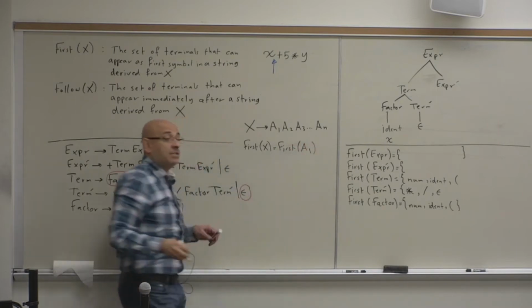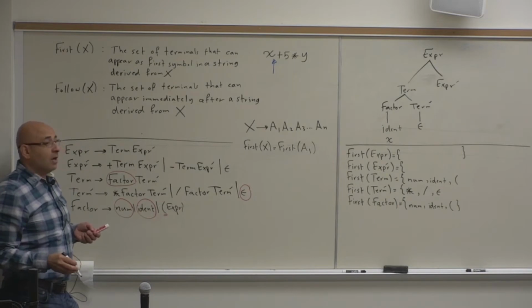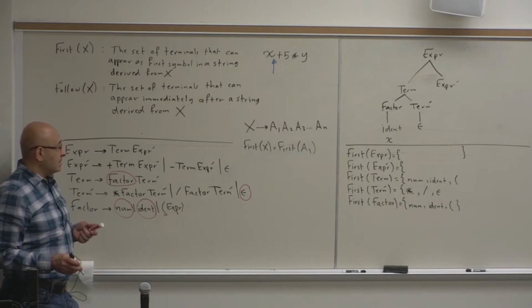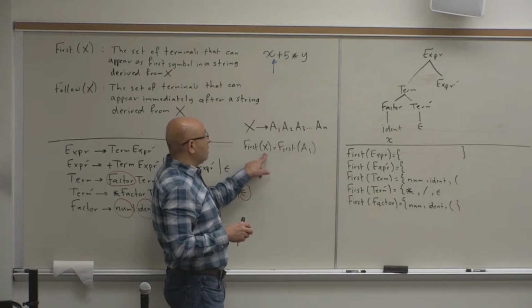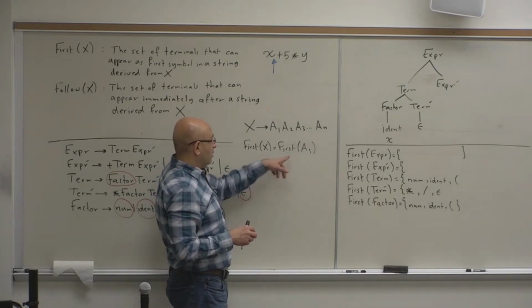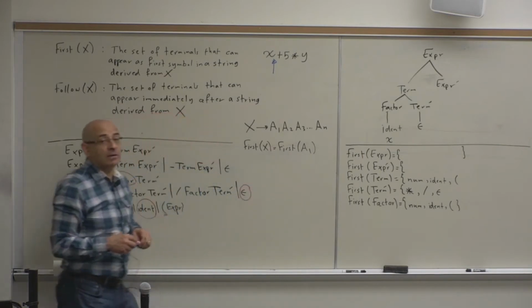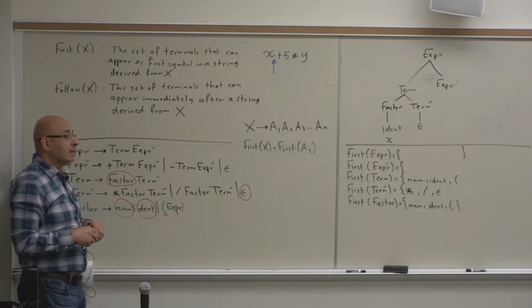Will that be sufficient? Why or why not? Or in what case may X start with something other than the terminals in the first set of A1? Yeah, if epsilon is in the first.